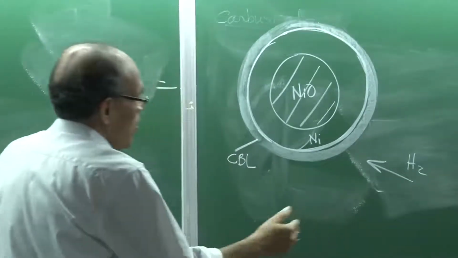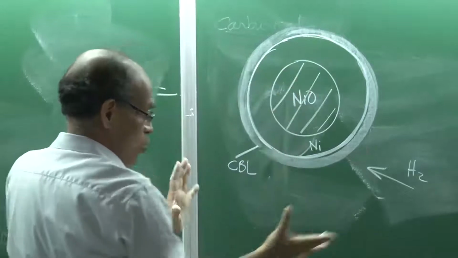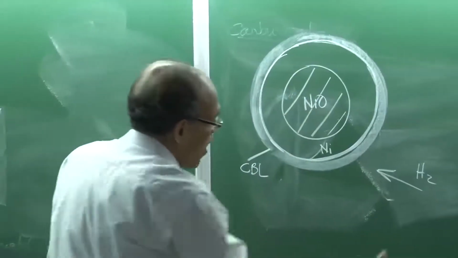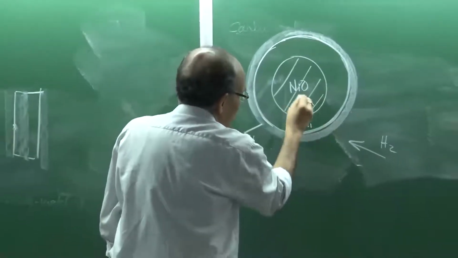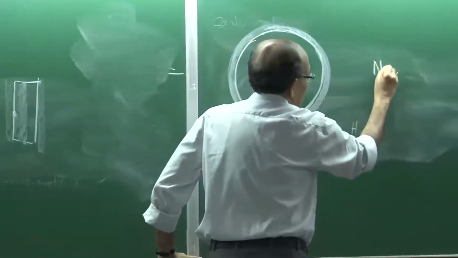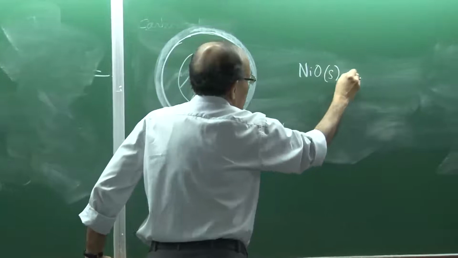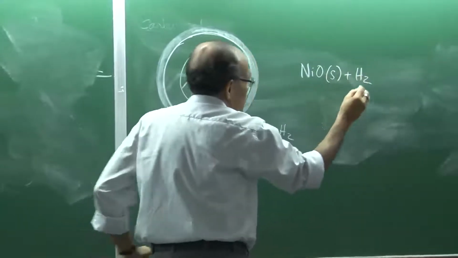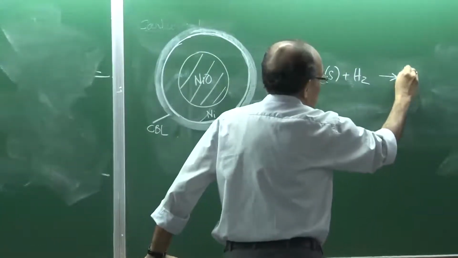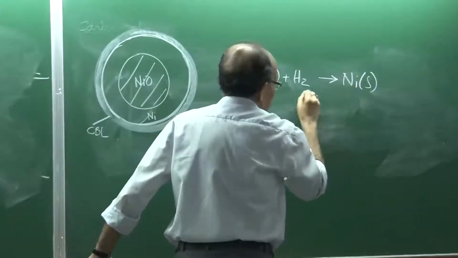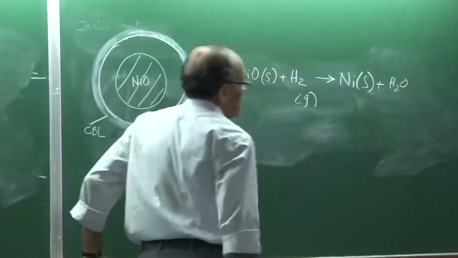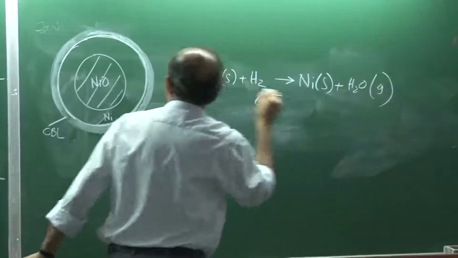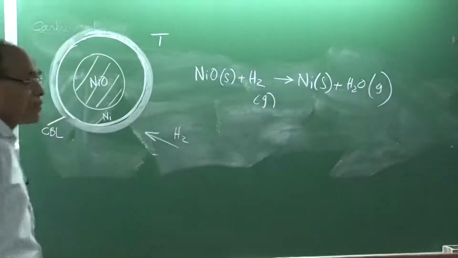And we started with a nickel oxide sphere, and then hydrogen is passed. Then what happens is hydrogen reduces nickel oxide, and this reaction takes place. Nickel oxide plus H2 gives nickel solid plus water vapour, with H2 as gas at a high temperature.